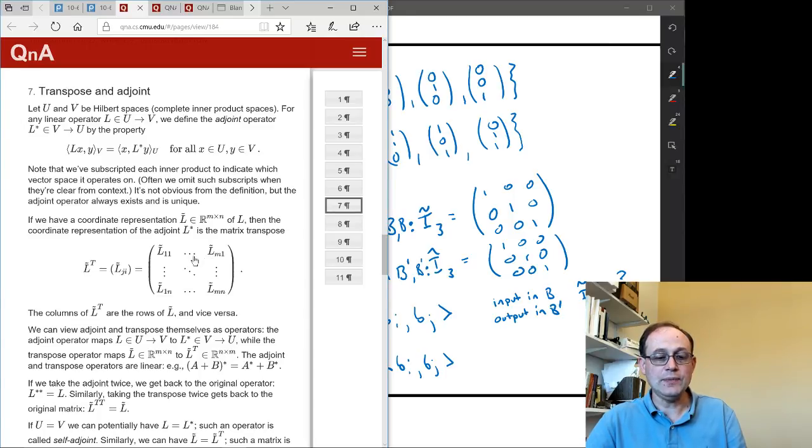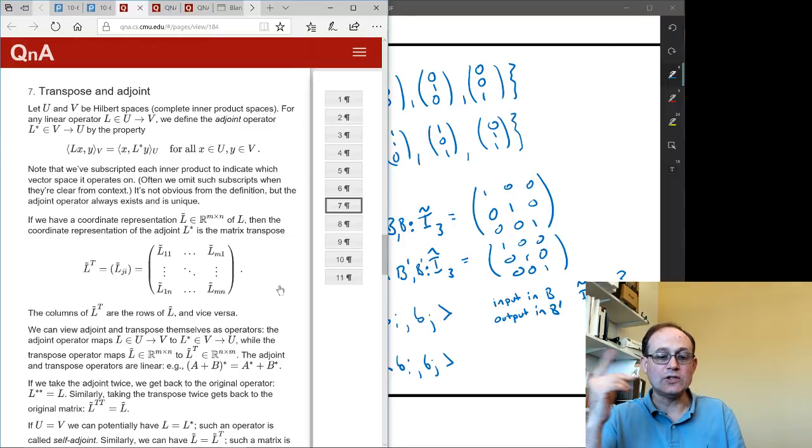And it turns out that if you have a coordinate representation L tilde of L, then the coordinate representation of L star, of the adjoint, is just the transpose of the coordinate representation of L. In other words, here's the definition of the transpose, but basically the columns of L tilde transpose are the rows of L tilde and vice versa.